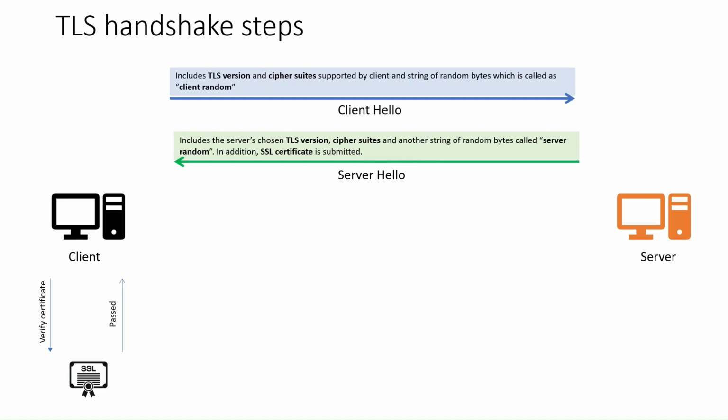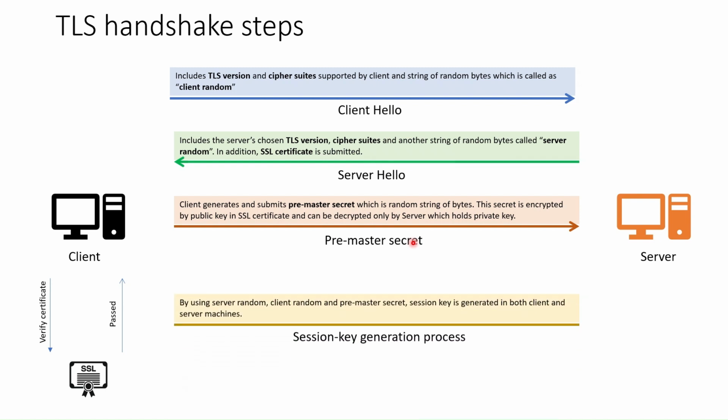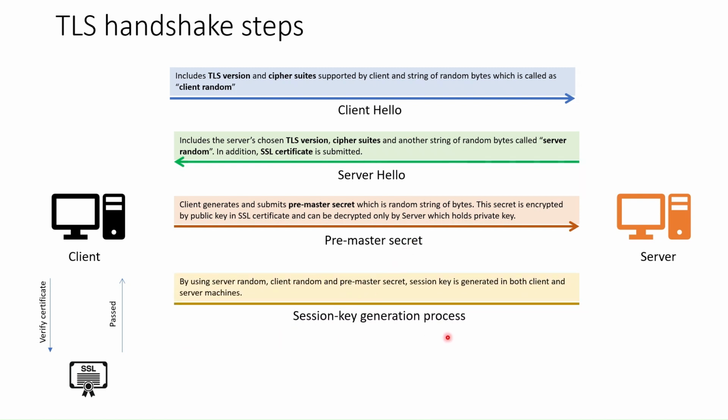Suppose verification passed. The next step is passing the premaster secret. The client generates and submits the premaster secret, which is a random string of bytes. This secret is encrypted by the public key in the SSL certificate and can be decrypted only by the server which holds the private key. Then by using server random, client random and premaster secret, the session key is generated in both client and server machines.